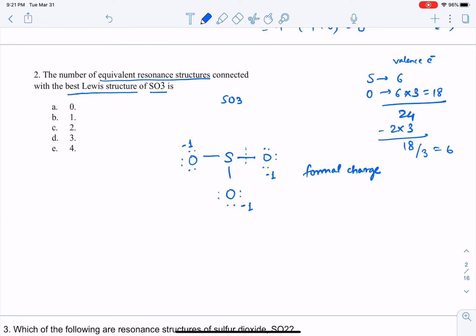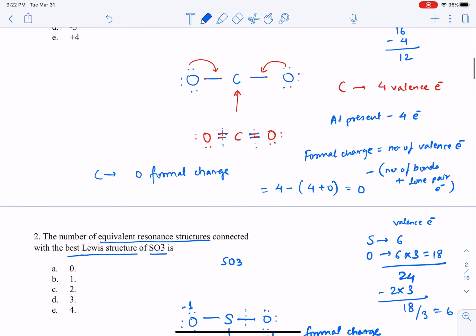If you check sulfur, sulfur initially had 6 electrons in the valence shell, but right now while sharing it has only 3, and there is no lone pair. I'm using the same formula that I mentioned here.